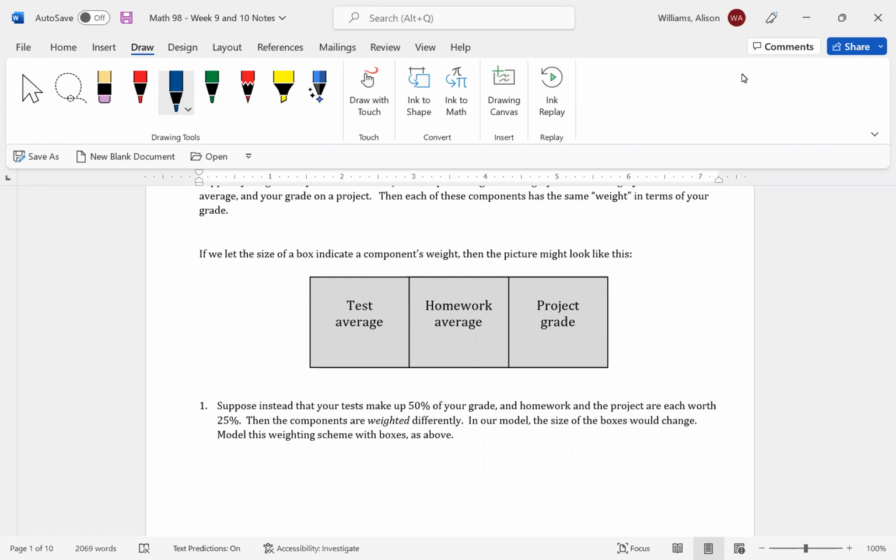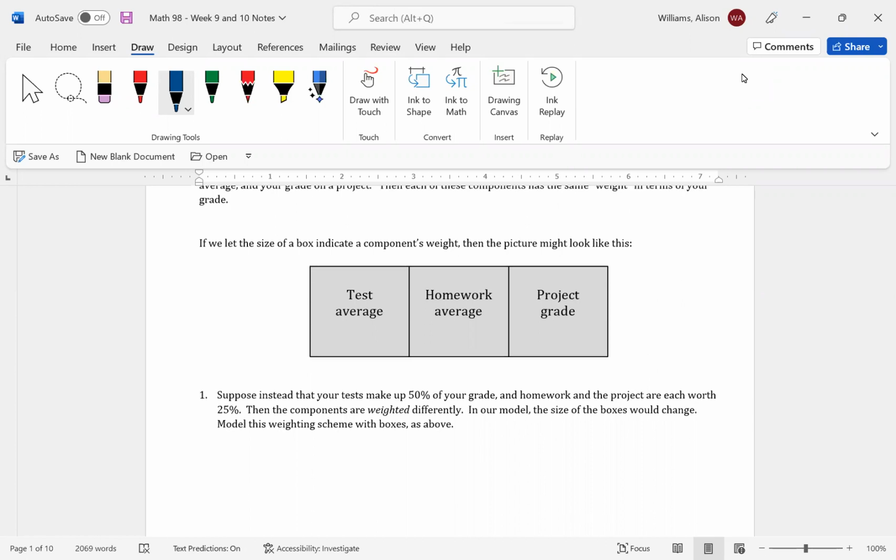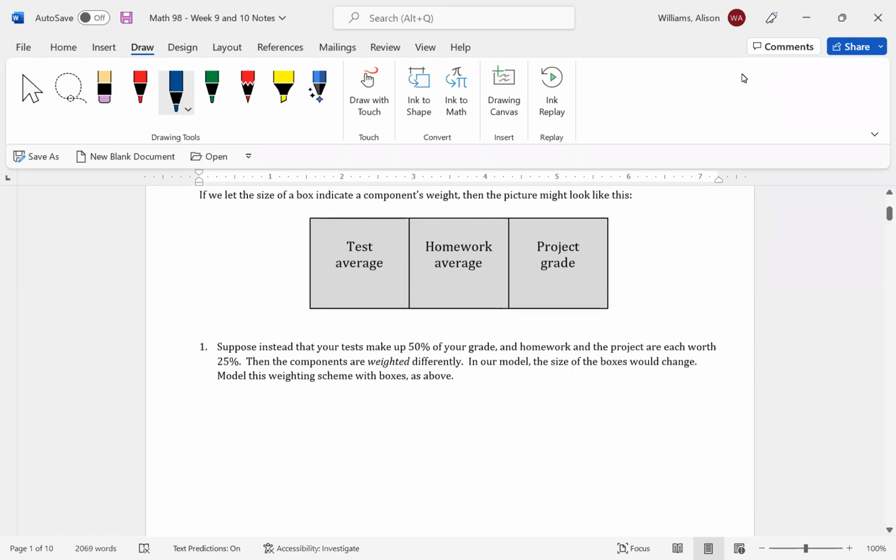Let's model this. If tests are supposed to make up 50% of your grade, or half of your grade, then we want the test box to be twice as big as the other two. So let me redraw that. Here's my test box, the test average.